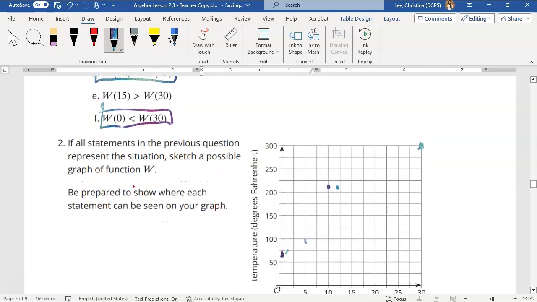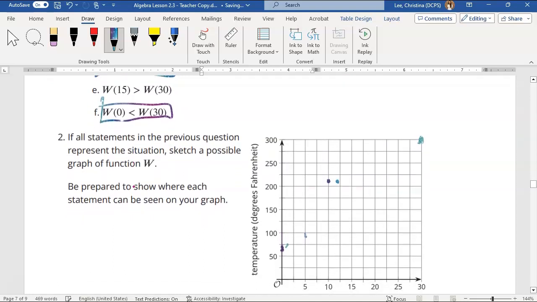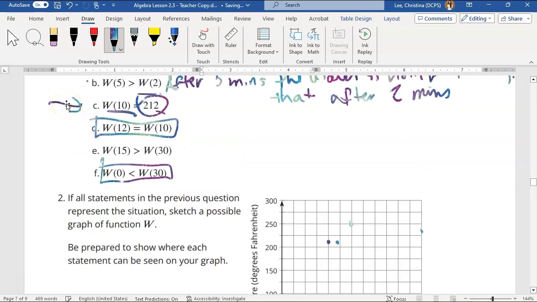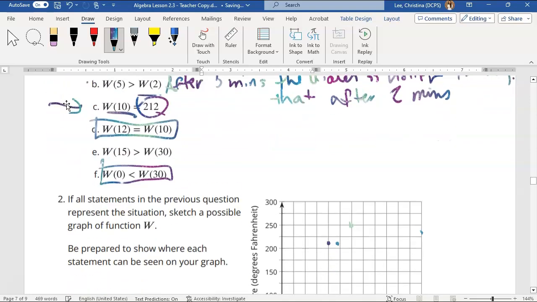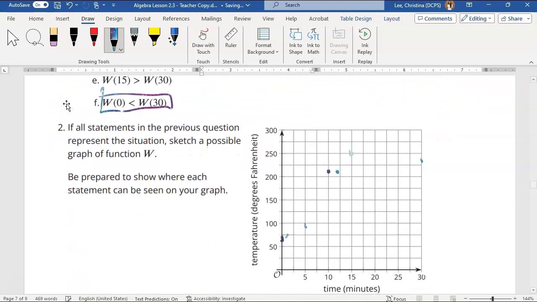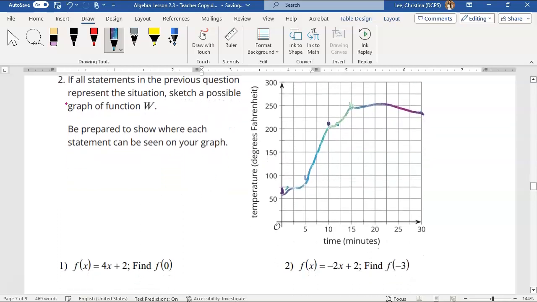It says W of 15 is greater than W of 30. So when I put this point up here, that can't be. W of 15 is greater, so let's say that's here. Maybe W of 30 is back down here. All right, and then 15 is greater than 30, we got that. So this is a potential graph of the water temperature values.